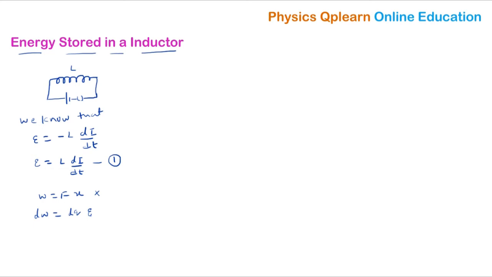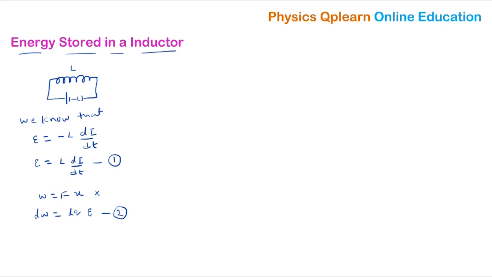Force into displacement is called work done in classical mechanics, but we are not using that one, we are using this one. Let it be equation 2. So carefully listen. In equation 2, dW is equal to dQ, the small amount of charge we are sending to store the energy inside the inductor, a small amount of work done.